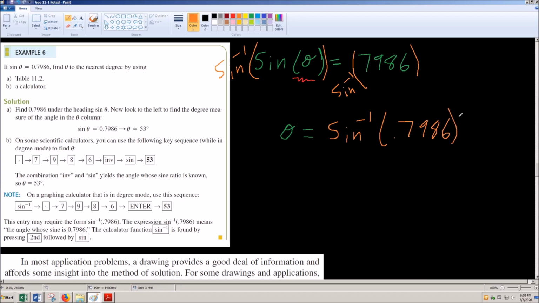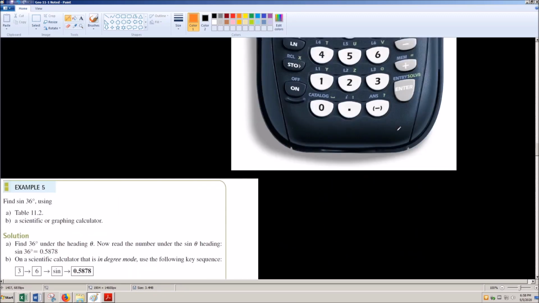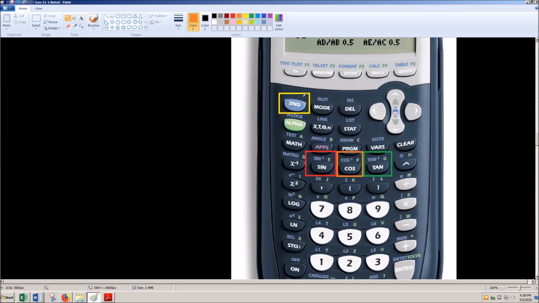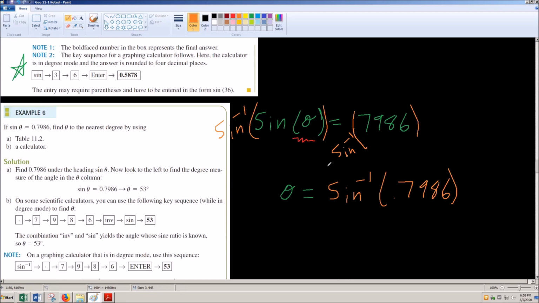0.7986. So now I'm going to jump back up here. If we hit the second key, then we're accessing the little thing written above it. So if I do second and then hit sine, I'll do inverse sine. On my calculator it says sine to the negative 1, and then I punch in my 0.7986.